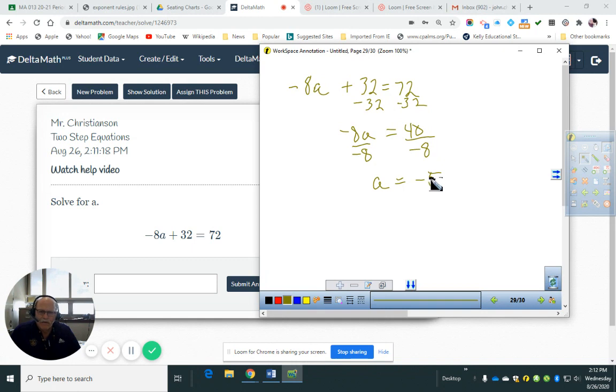right? So it's a two-step equation, and most two-step equations are very similar to this. And keep in mind, you can check this negative 5, right? Negative 8 times negative 5 plus 32 is 72. Okay, so that checks out.